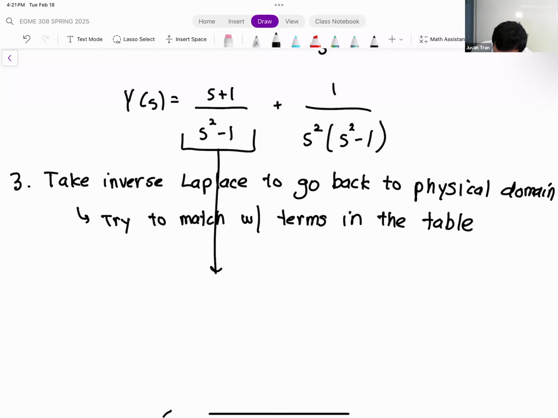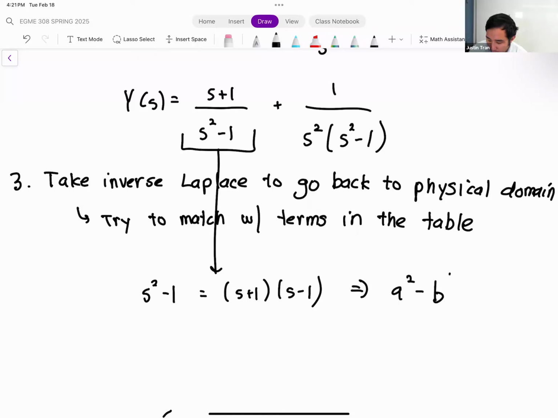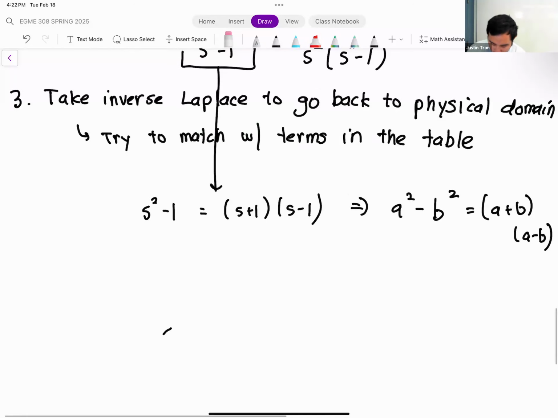That relationship is a squared minus b squared: a difference of two squares always factors into a plus b times a minus b. It's one of those useful mathematical identities you should have in your back pocket.